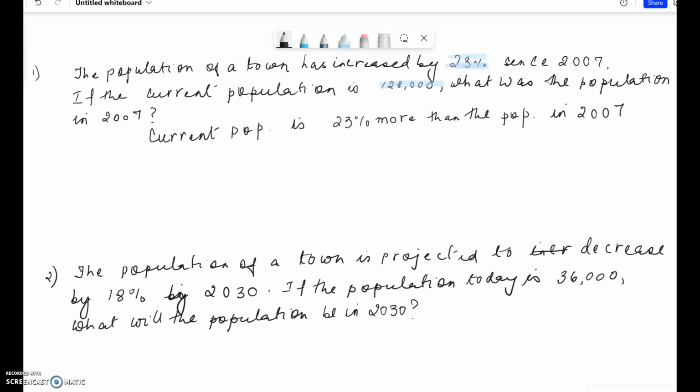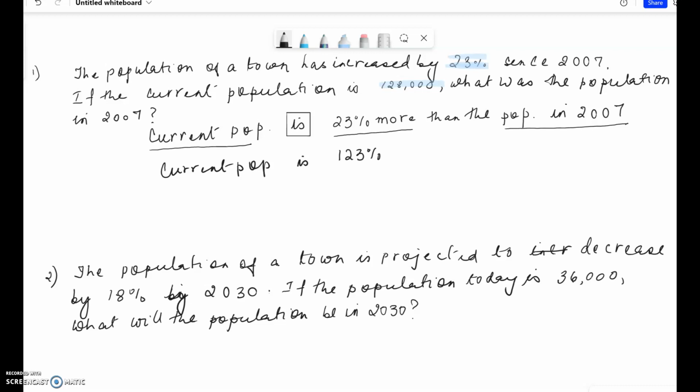Since the population of the town has increased by 23%, we could say that the current population is 23% more than the population in 2007. That is the same as saying that the current population is 123%.